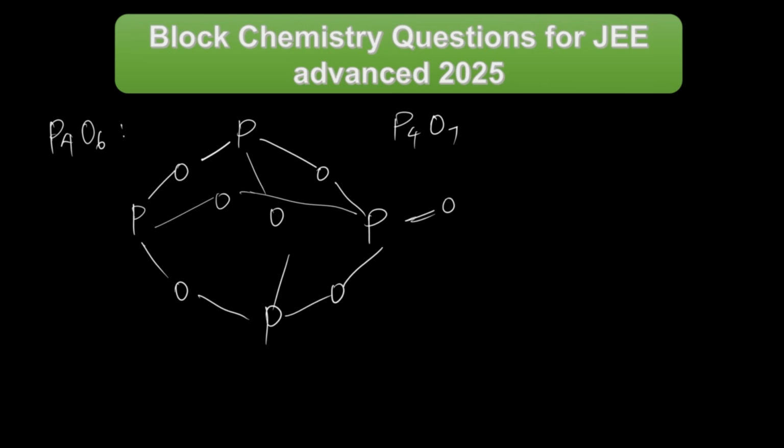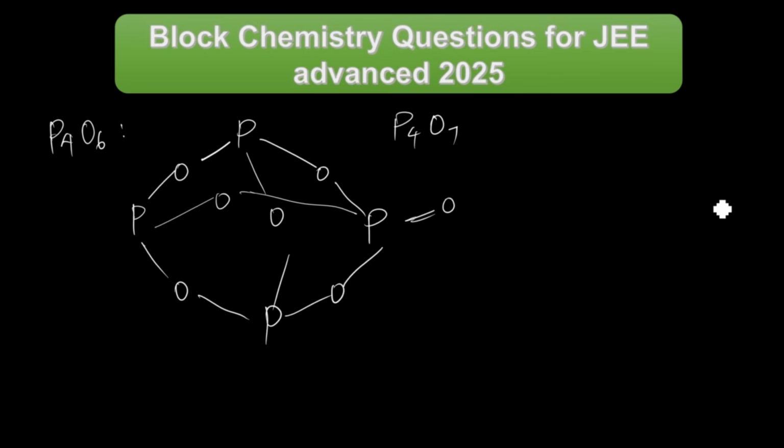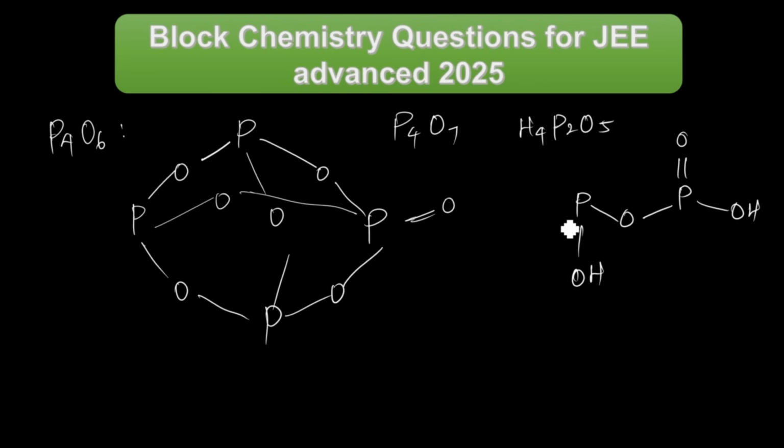Okay. Then the next one, that is H4P2O5. So where that will have a P-O-P bond and double bond O, OH, OH, H, double bond O. Okay, H4. Okay, here I'm having another H. So H4P2O5.